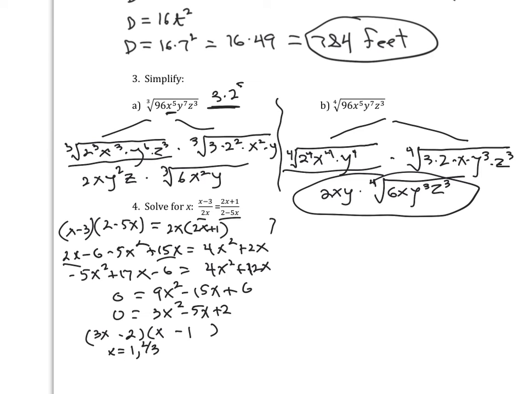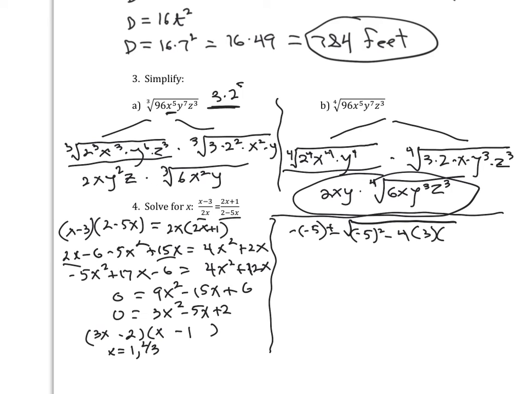Okay, well, suppose that we hadn't been able to factor this, then we would have used the quadratic formula, which would have given us negative of negative 5 plus or minus the square root of b squared minus 4 times our a value, which is equal to 3, times our c value, which is equal to 2, all over 2 times a, or 2 times 3.